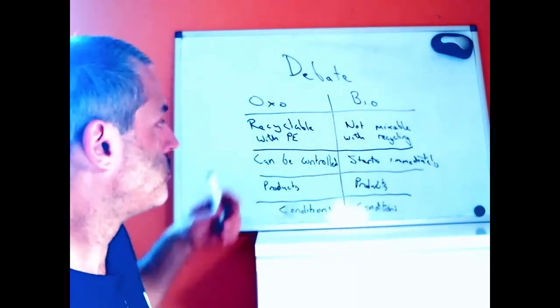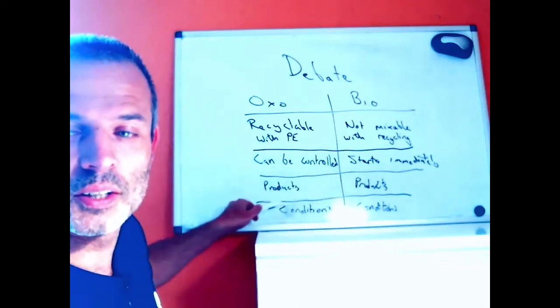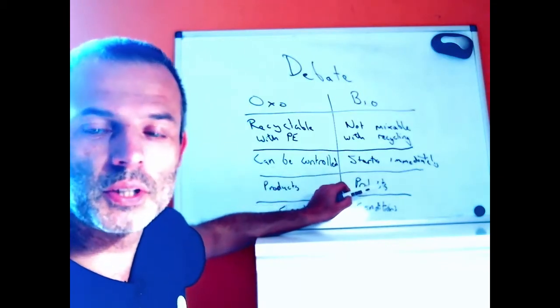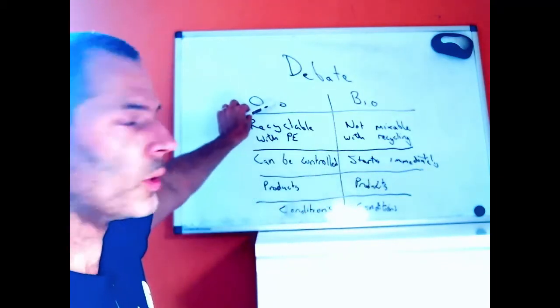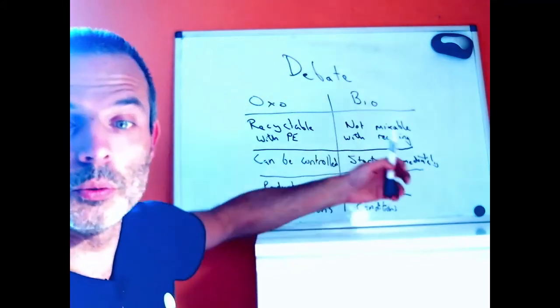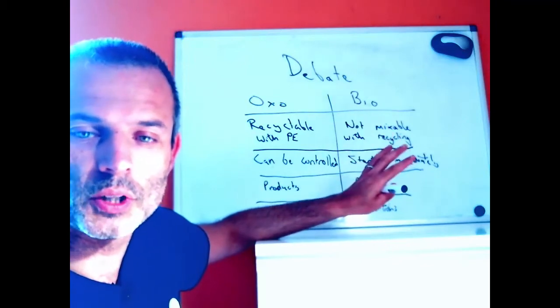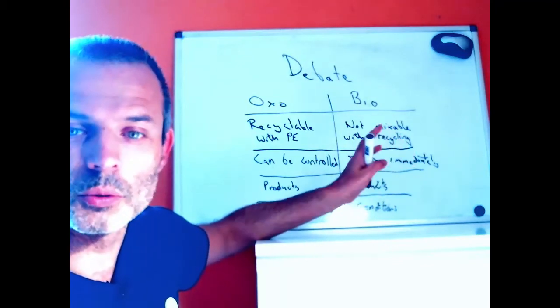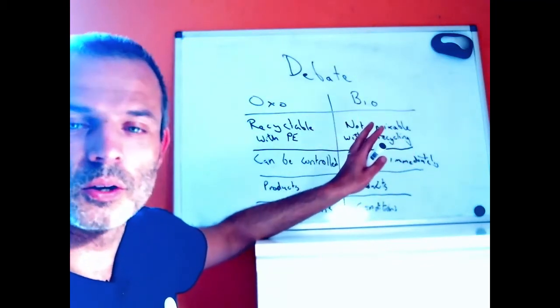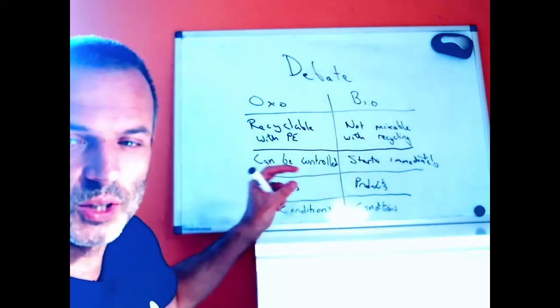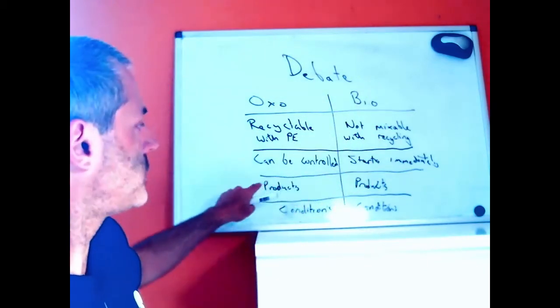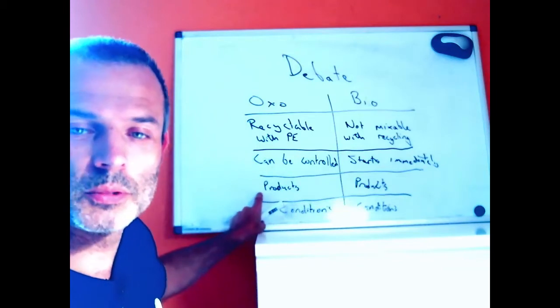So now I've added products on both sides and conditions on both sides. If we take an oxo-degradable polymer and start to degrade it, we will make interesting and weird short chains of polymers with broken double bonds with oxygen groups on. They're not really toxic, but they are sometimes not common.